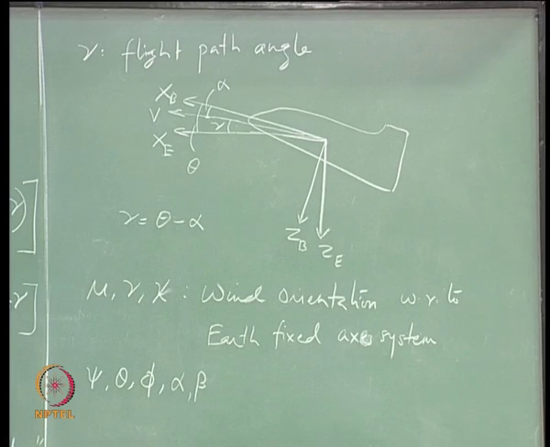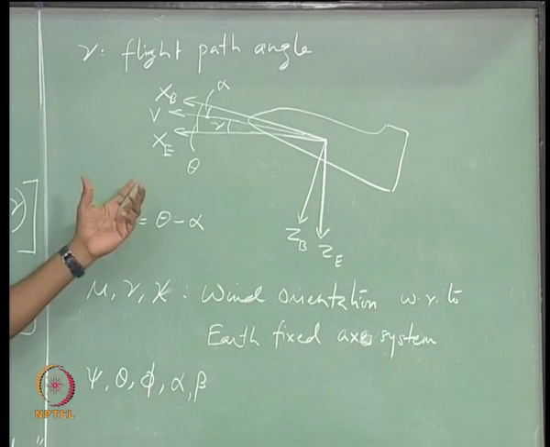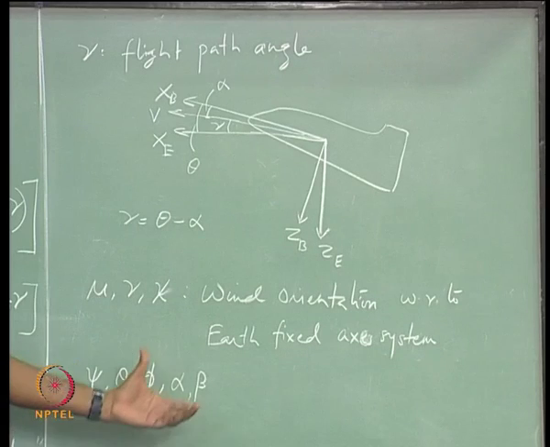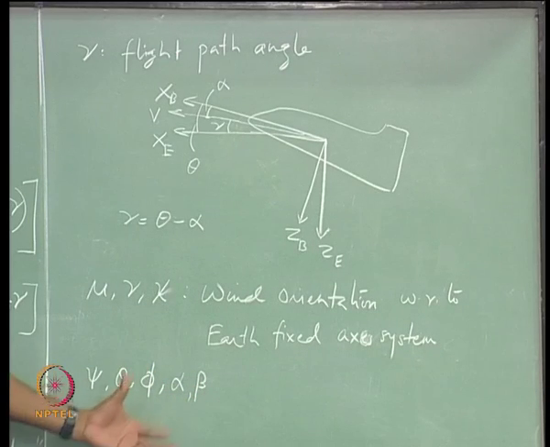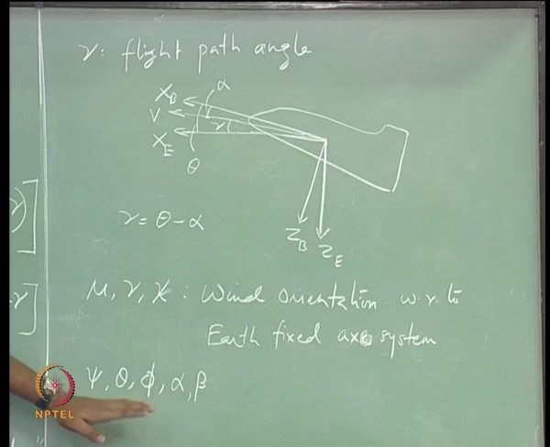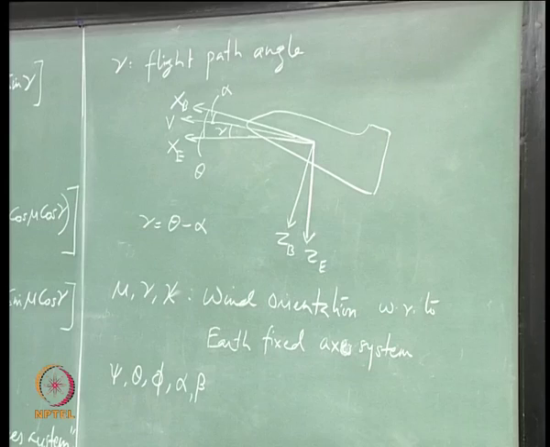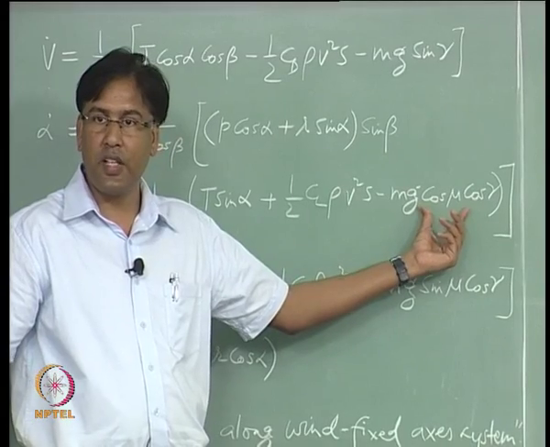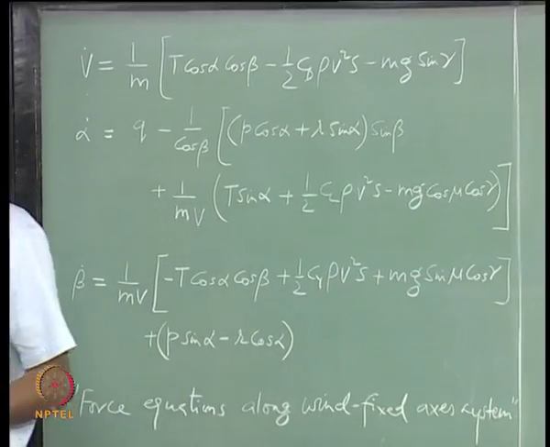I can find the component of that vector in the wind fixed axis system using 5 rotation matrices, right. So, it is not the objective of this course to actually go into details of this, but I believe you understand this part now. Okay. So, now I want to write down the expressions for these in terms of the angles that we know.